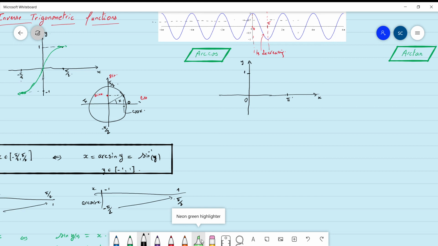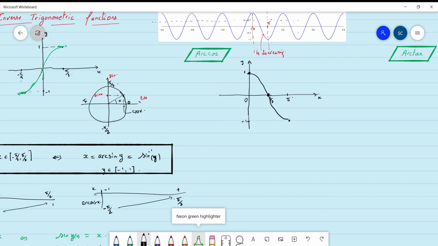At pi over 2 it takes the value 0, and at pi we have minus 1. So we have the following shape, something like that.